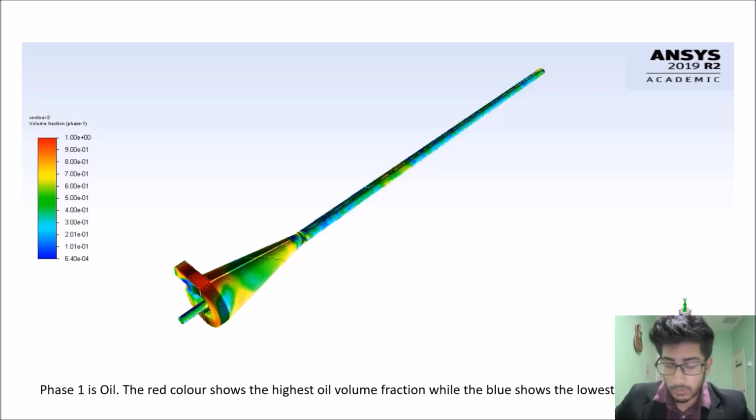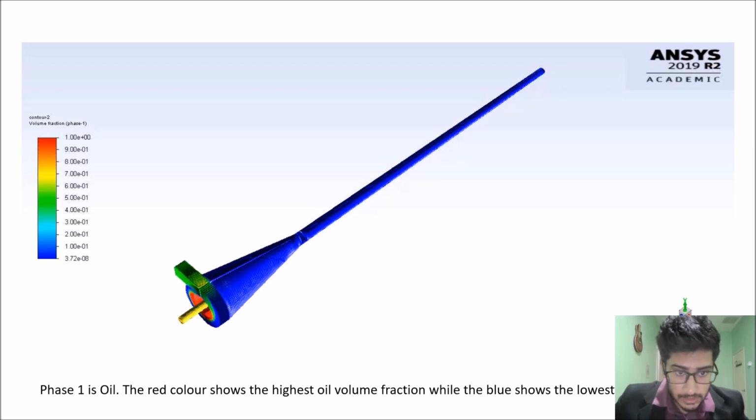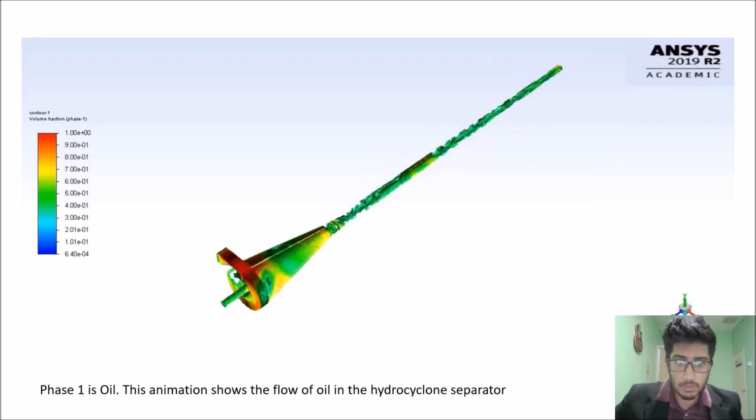So this is the animation that shows the separation of oil and water. Phase 1 is oil, so the red color shows oil. We can see the separation after a while, with full red coming out here, and blue all the way down here. This animation shows only oil for simplicity, since our concern is only oil.